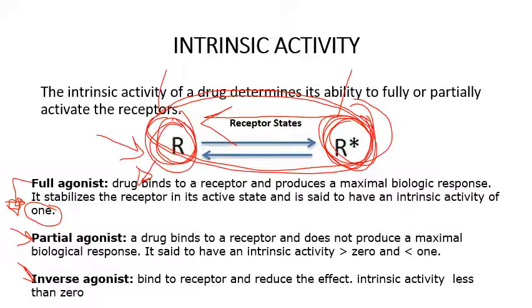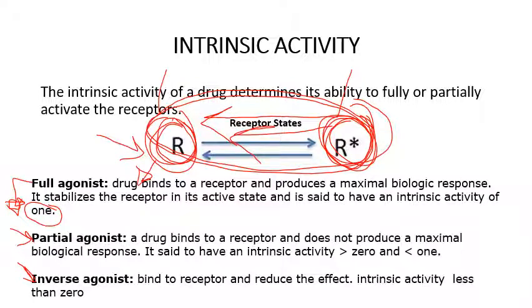So when there is an inverse agonist, this basal activity will be decreased as a result of decreasing the number of activated receptors and shifting the equilibrium toward this direction.